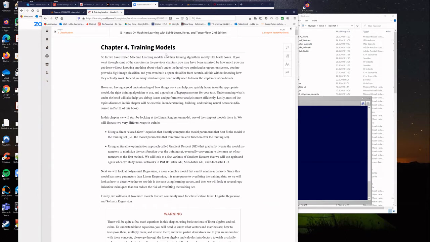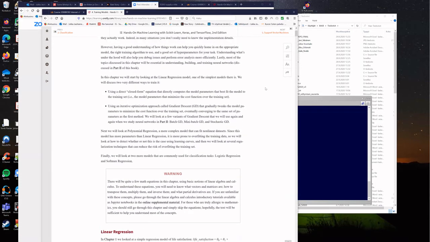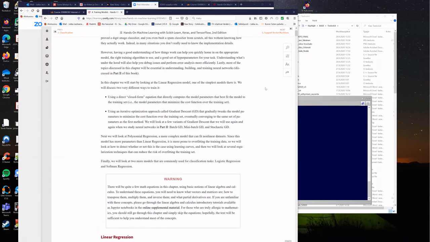These training algorithms have been like black boxes, and much can be done without knowing anything under the hood. However, you need some understanding of the algorithms beneath.